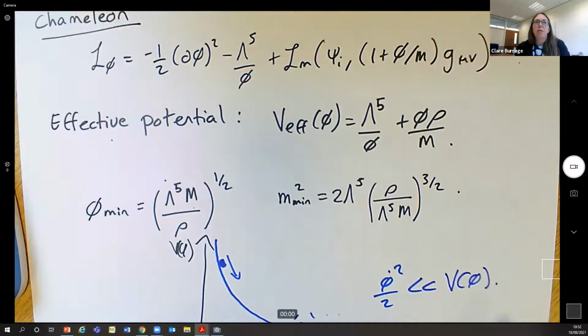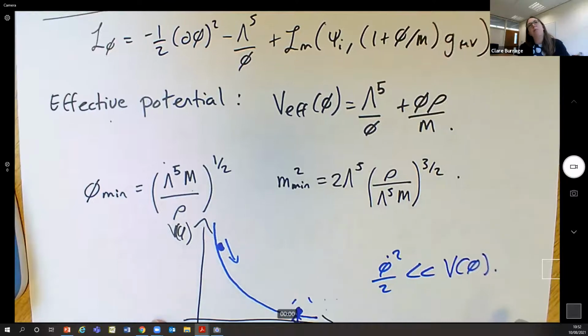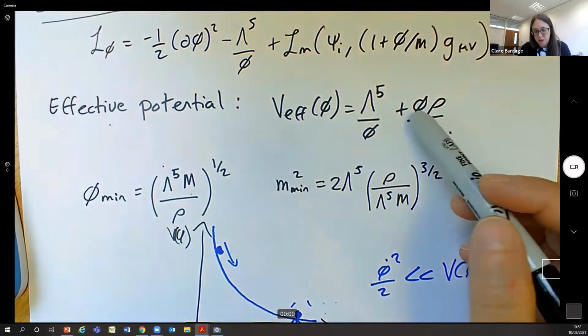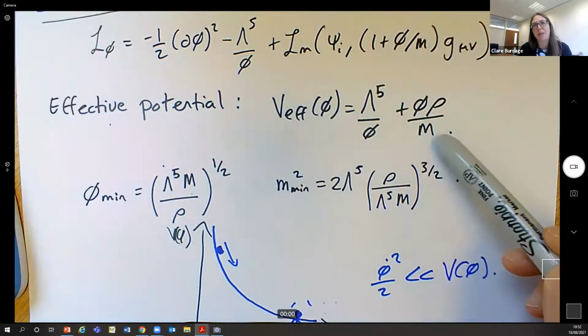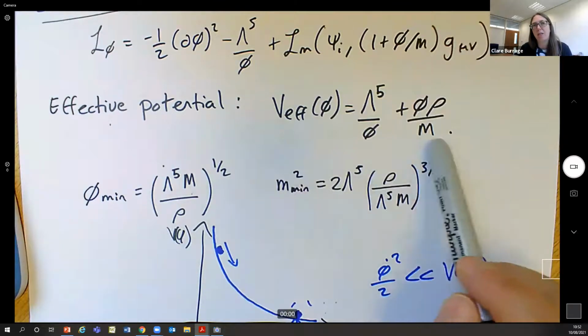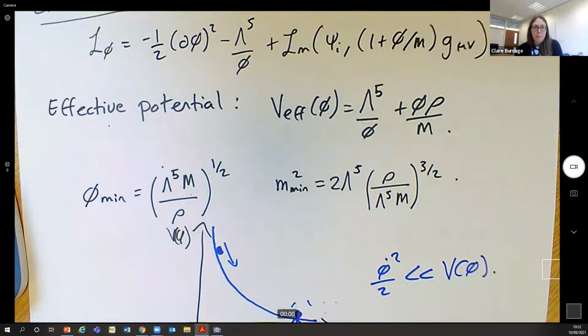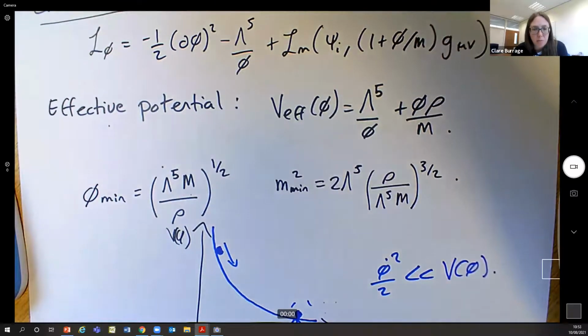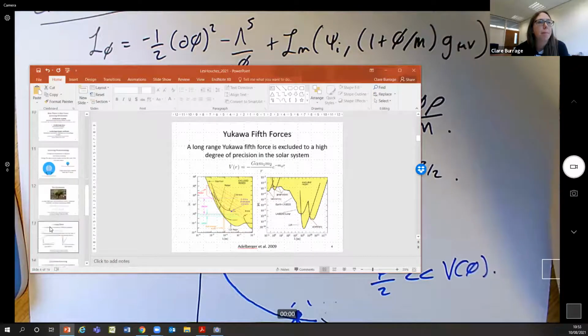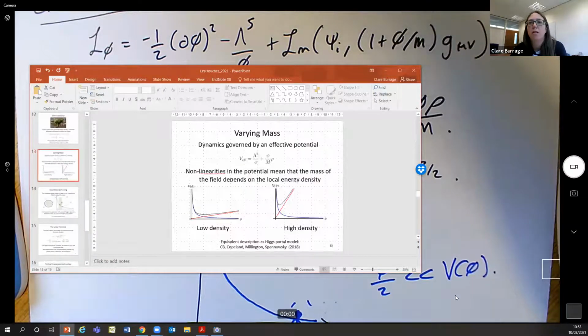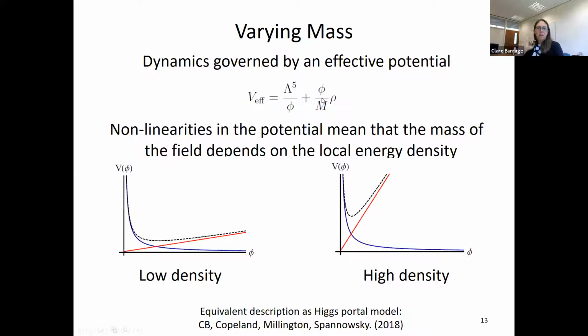From the point of view of our scalar field, you can think about those two terms, the bare potential that we've put in and the effect of the coupling to matter, as acting together to be an effective potential. Let me show you what I mean by that. So the scalar field now behaves as if it's governed by this effective potential.